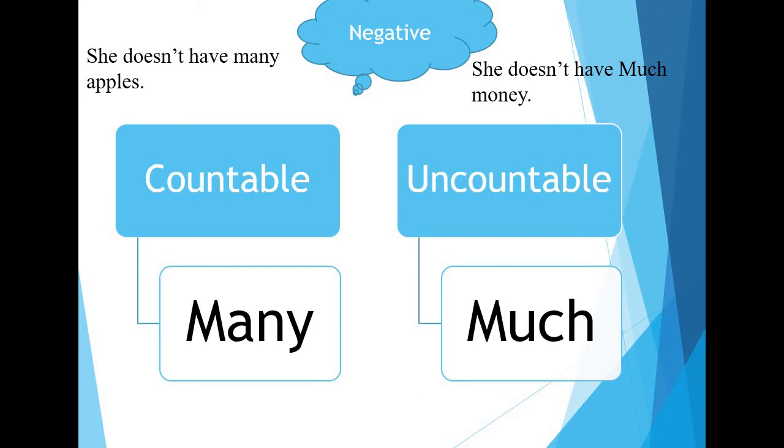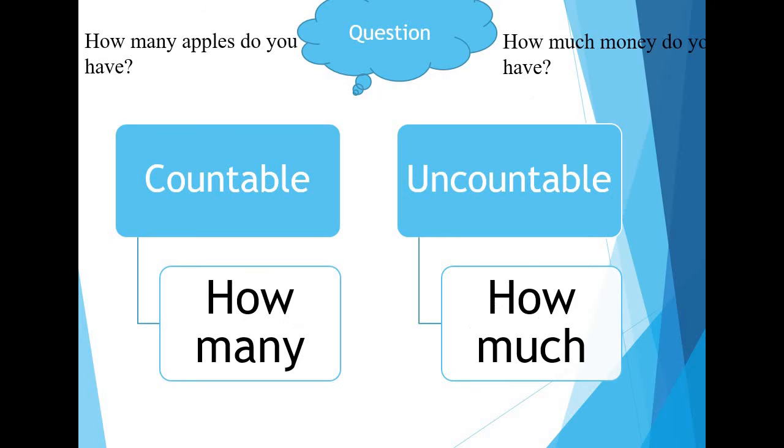If my sentence is negative and I have a countable noun, it takes many. She doesn't have many apples. If your sentence is negative and your noun is uncountable, you use much. Like, she doesn't have much money. If you have a question and your noun is countable, you use how many.